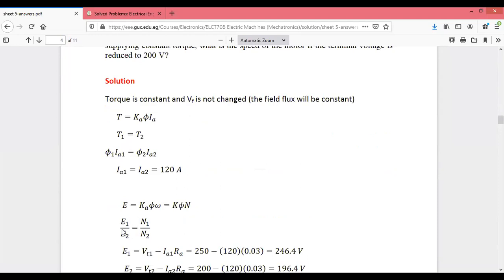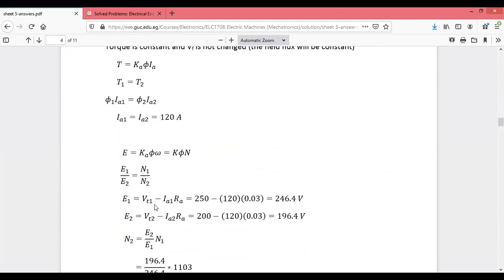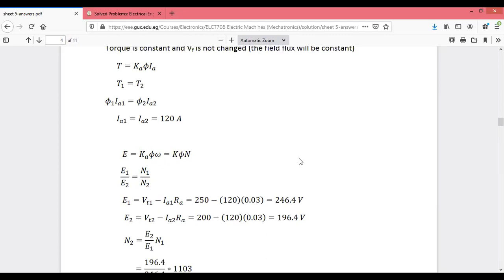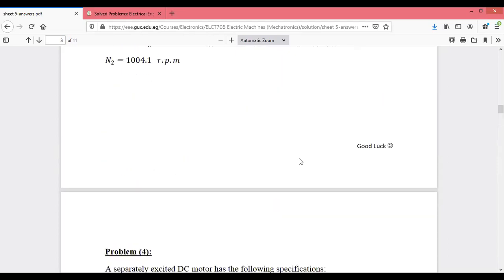But we have the equations for EMF and the speed. So here again you can solve for the voltage for that current, which we have as 120. But if you see, they have given that the voltage will be reduced.